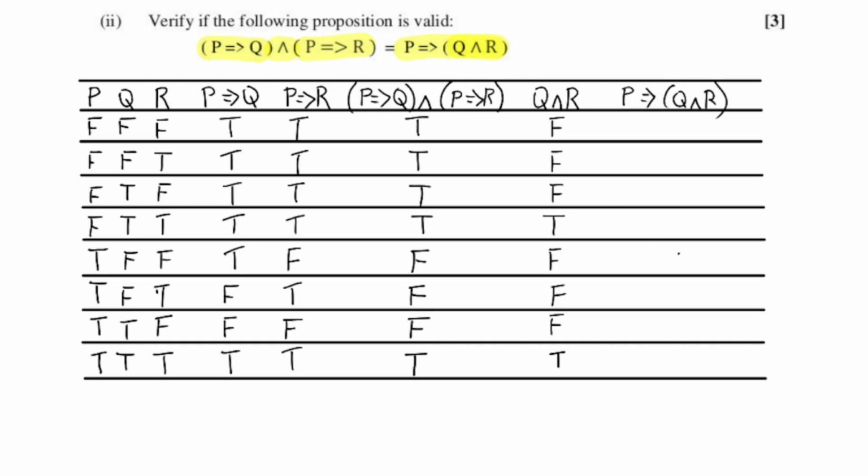Therefore, we'll have an F over here, here, and here, and the remaining rows will be true. And now notice that the LHS column, that is this column, and the RHS column, that is this column, are identical. Hence, our proposition is valid.